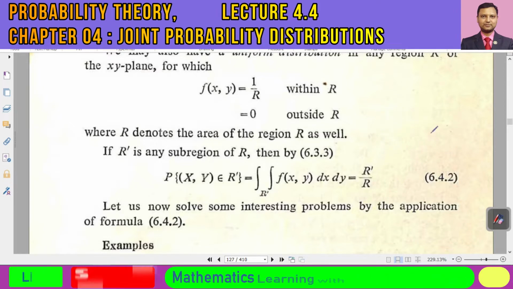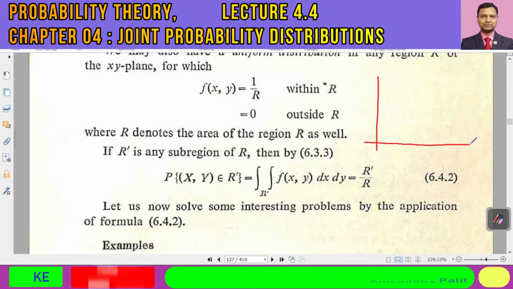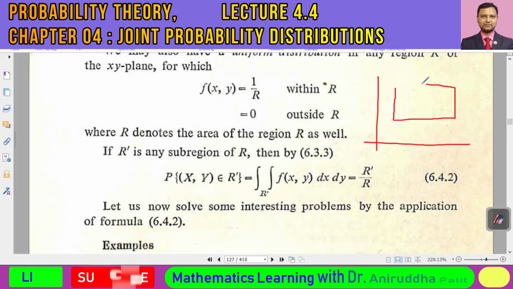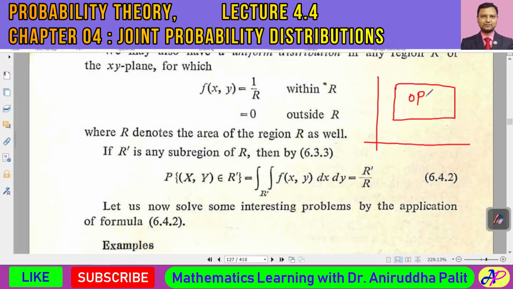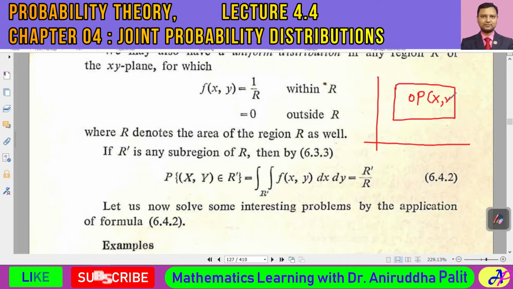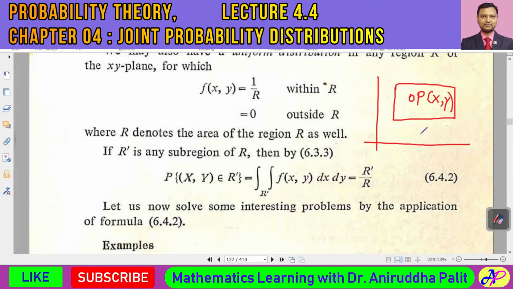And the same case arises if we consider a two-dimensional plane. For the starting point we can consider any rectangular region, and if you consider any arbitrary point on this region, then its coordinates capital X and capital Y will follow a two-dimensional uniform distribution.